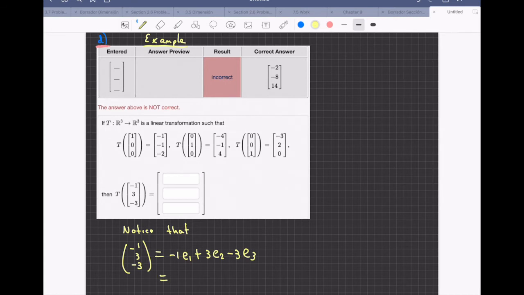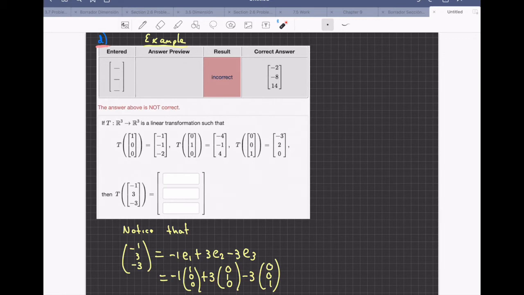But remember this vector, they were -1 (1, 0, 0), plus 3 (0, 1, 0), -3 (0, 0, 1). We have seen this vector before. Remember these vectors E1, E2, E3, they form the standard canonical basis. Right, so I can express this vector in this way, you see?